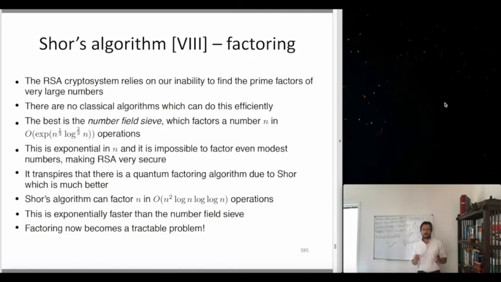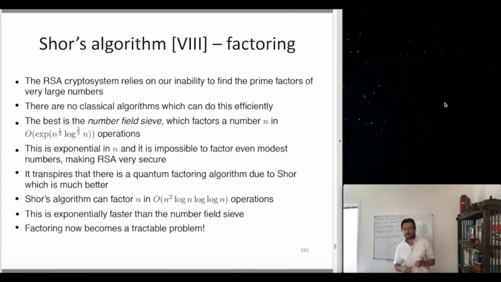And an important thing is that the RSA crypto system, one of the most commonly used algorithms for encrypting communication, relies on our inability to find the prime factors of very large numbers. And so there are basically two classes of encryption or cryptography that we consider to be important.